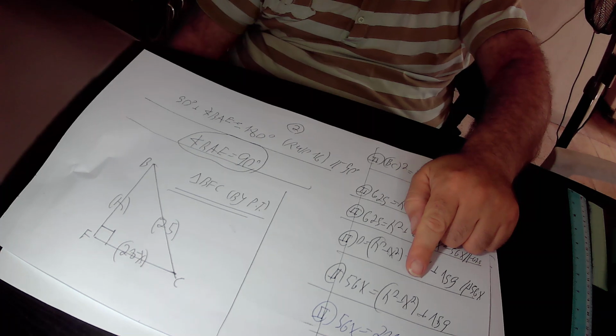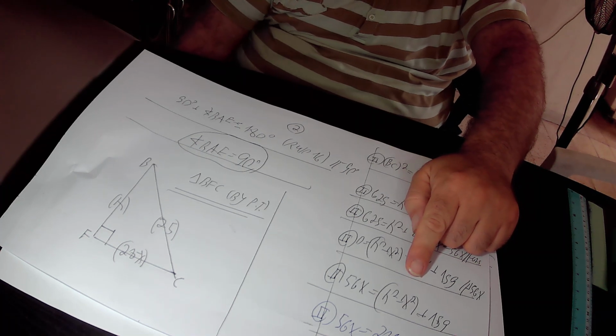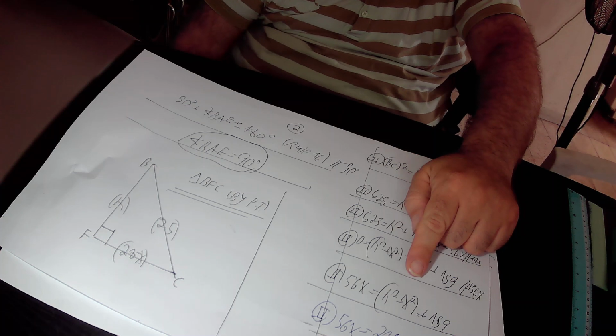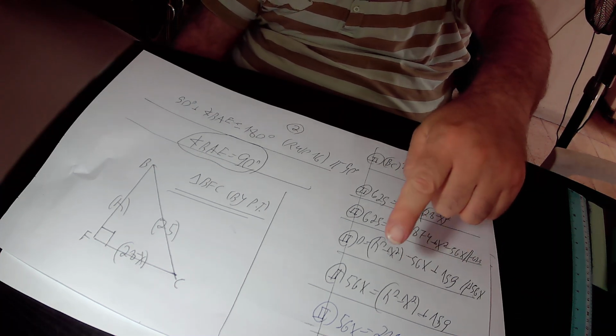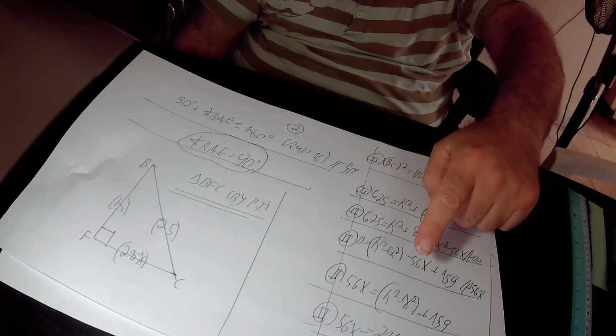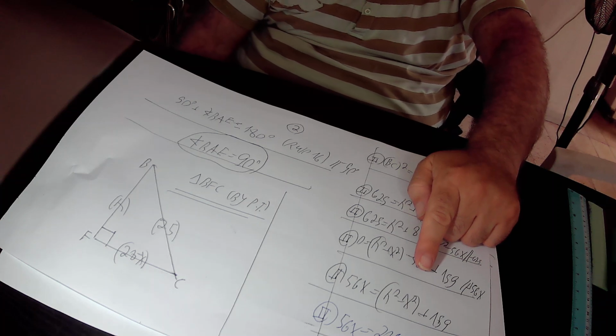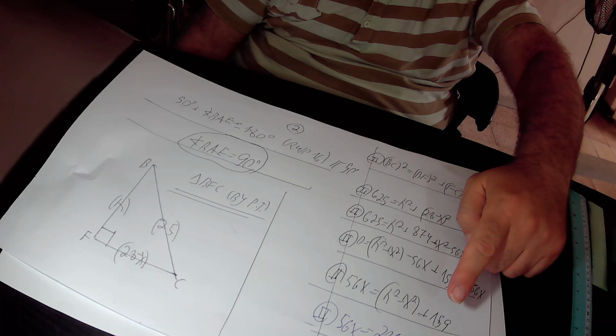But according to equation 1, we already found that h squared plus x squared equals 289. Therefore, we can substitute h squared plus x squared in equation 2 by 289. We did it, and found that 56x equals 289, according to equation 1, plus 159.